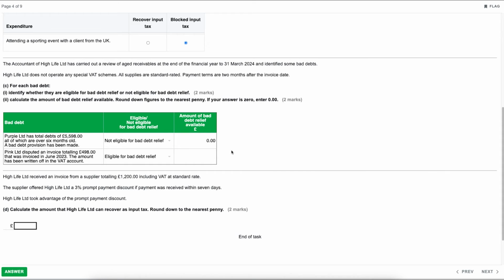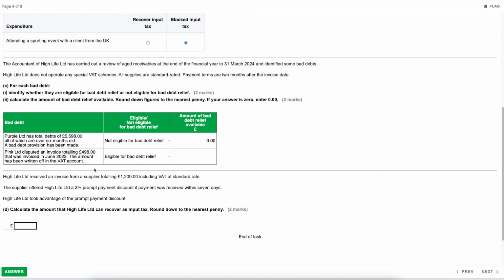Now, for the amount of bad debt relief available, we just have to calculate the VAT on this 498. It does state totalling 498, so it's the total or gross amount. So it's the VAT that is included within that 498.